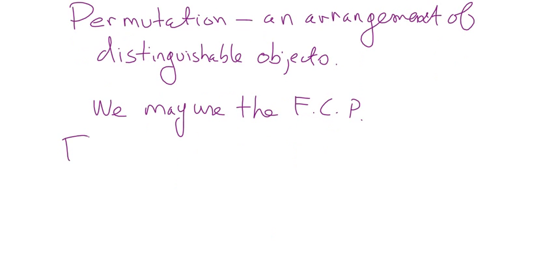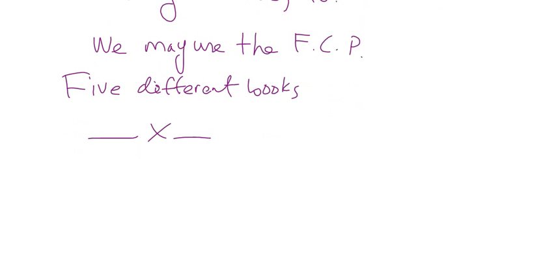So what do we have? We have 5 different books. So when I go to place the first book, I'm going to put them over here, and that's the shelf I want to put them on.